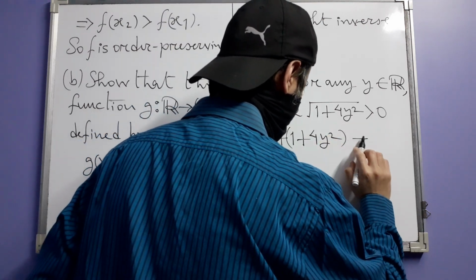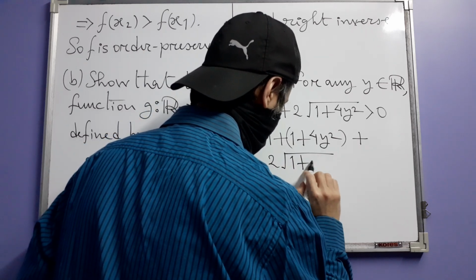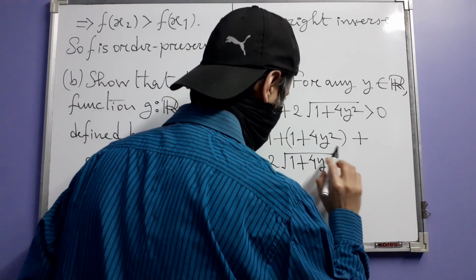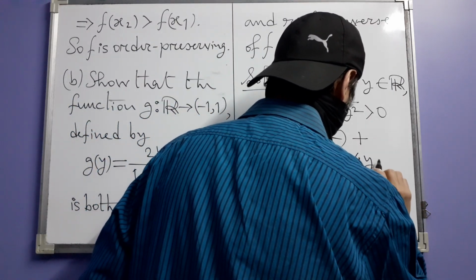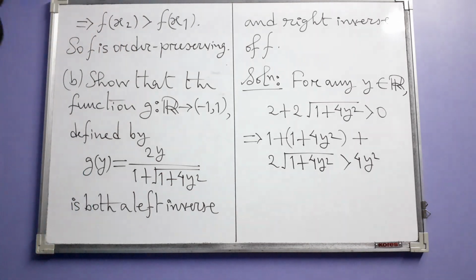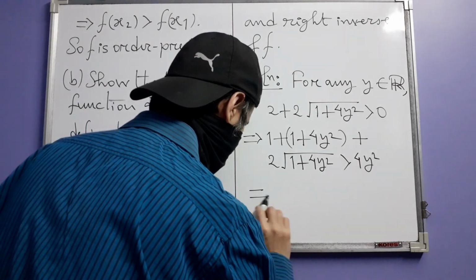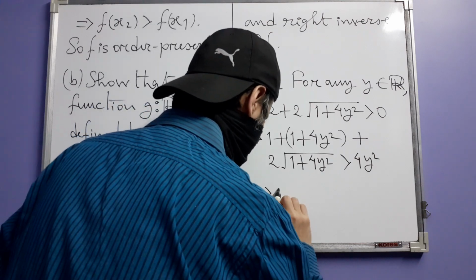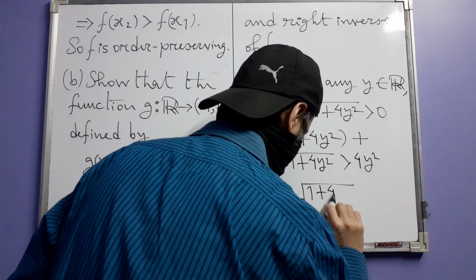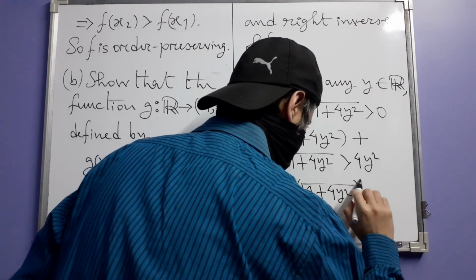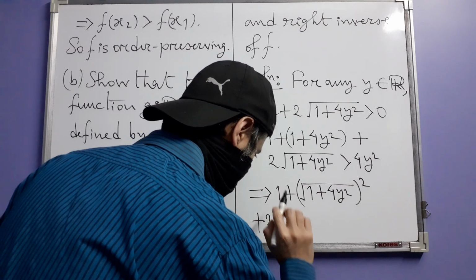This of course remains the same. So we have added 4y square to the left hand side, so we should also add 1 to the right hand side. Alright. Now note carefully that this is 1 plus square plus 2 times 1 times.